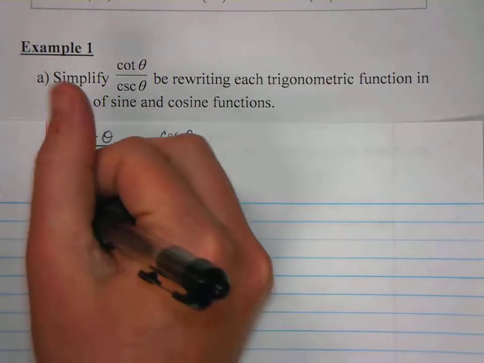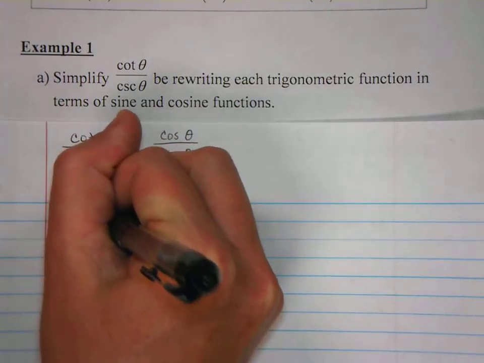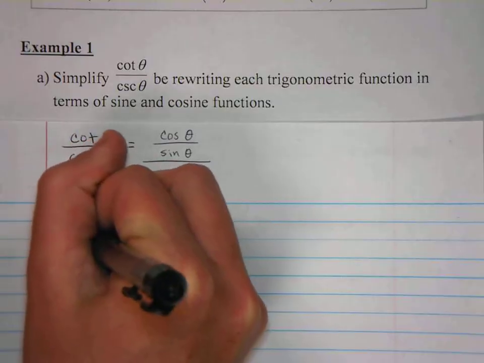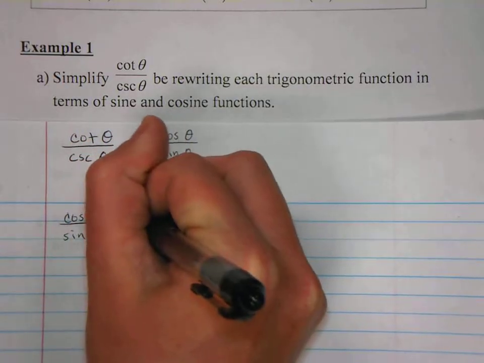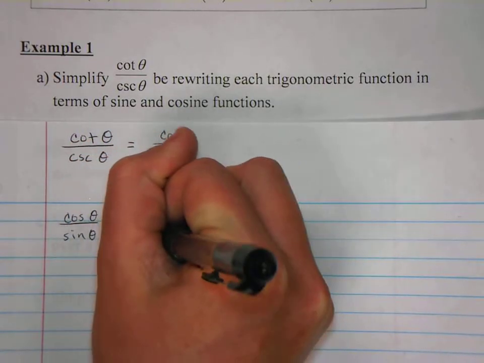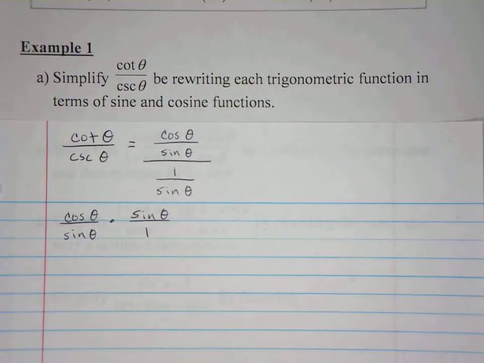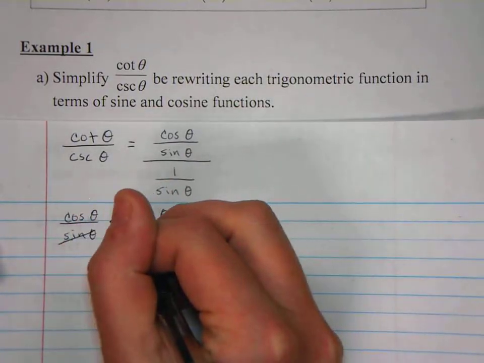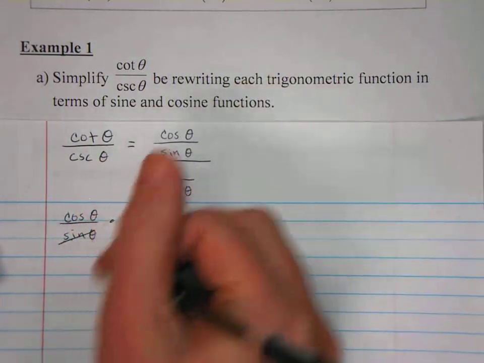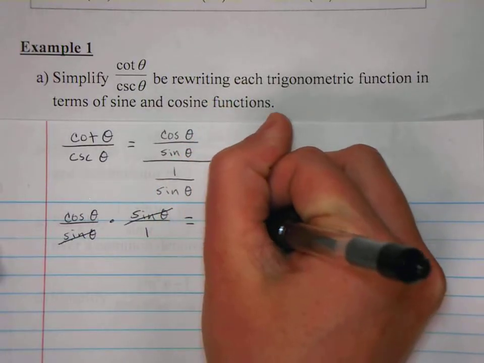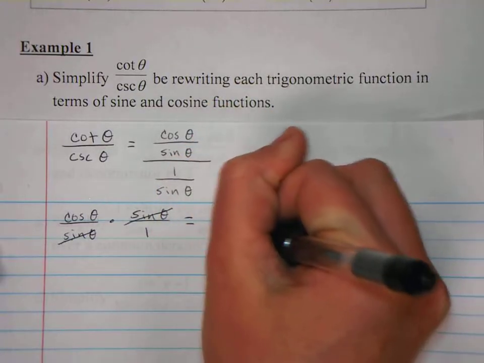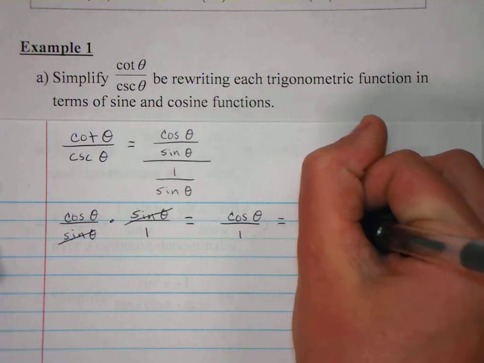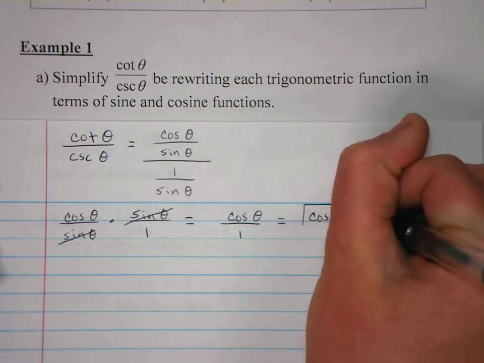So if I rewrite that, cosine theta over sine theta, you'll see some simplifying or reducing that we can do as we multiply. Diagonally, we can reduce sine of theta and sine of theta. So multiplied together across the top, I just have cosine of theta over 1, which would just be cosine of theta.